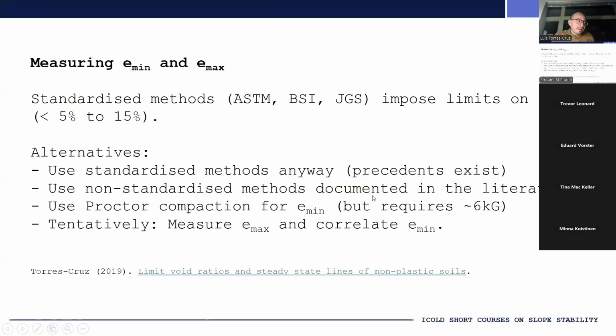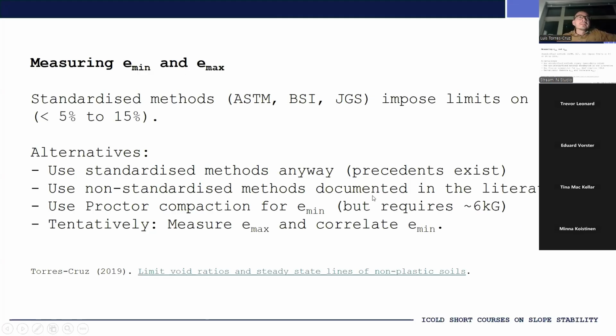So since I have mentioned that these limiting void ratios, e_min and e_max, are useful predictors of some critical state line parameters, it is also important to address, well, how can we measure them? How do we measure e_min and e_max?